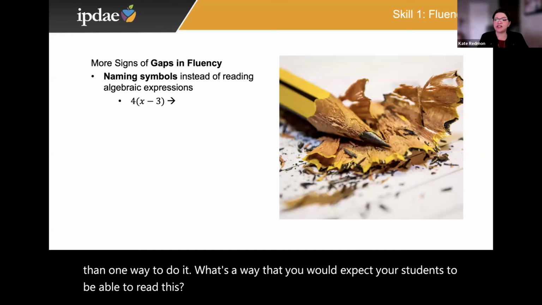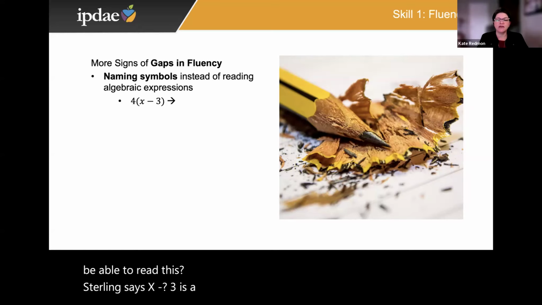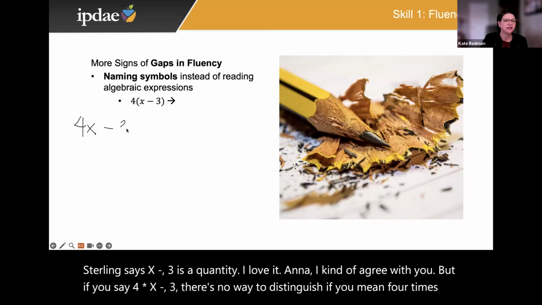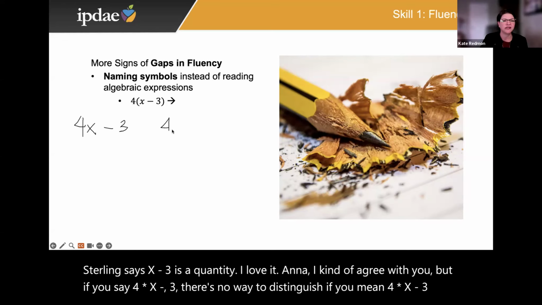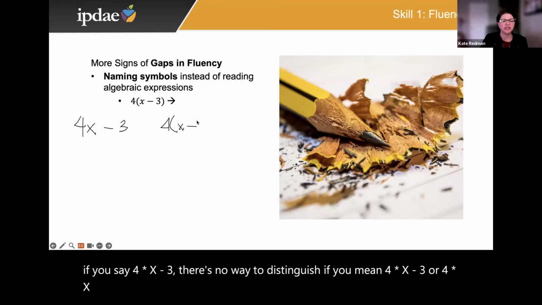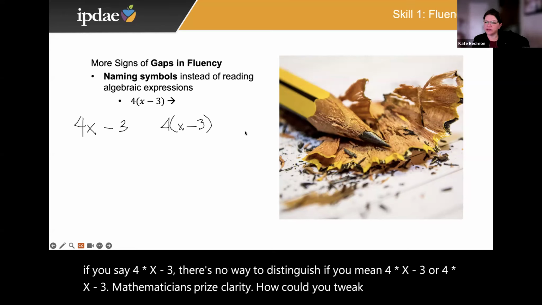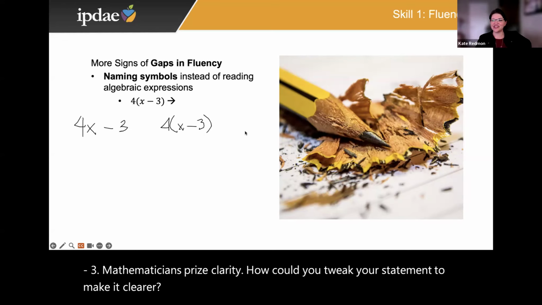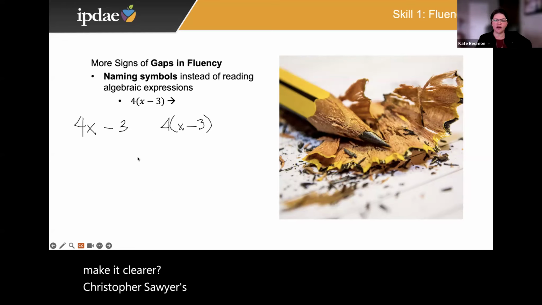Sterling says x minus 3 is a quantity. I love it. Anna, I kind of agree with you, but if you say 4 times x minus 3, there's no way to distinguish if you mean 4 times x, minus 3, or 4 times x minus 3. Mathematicians prize clarity. How could you tweak your statement to make it clearer? Christopher Sawyer's like, I'll just flip the order.